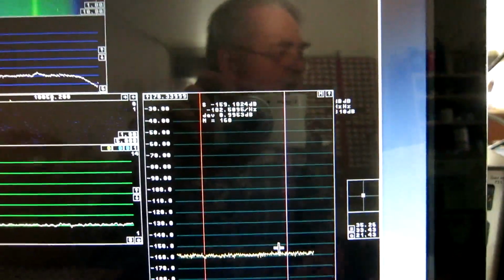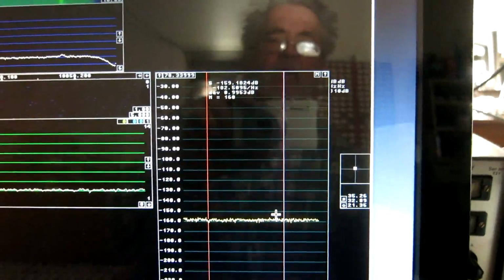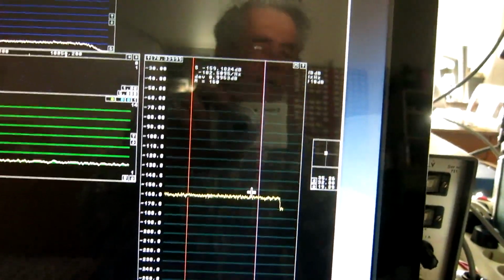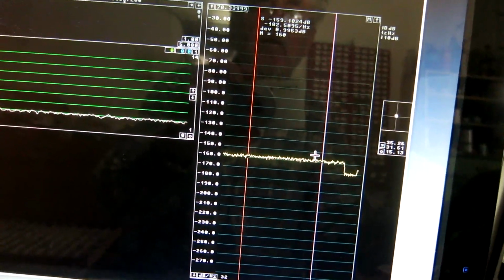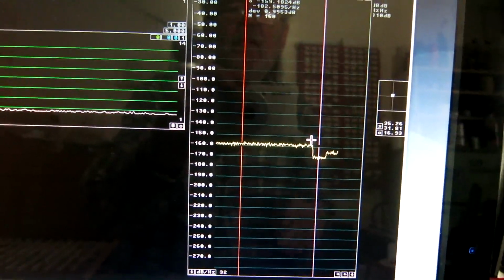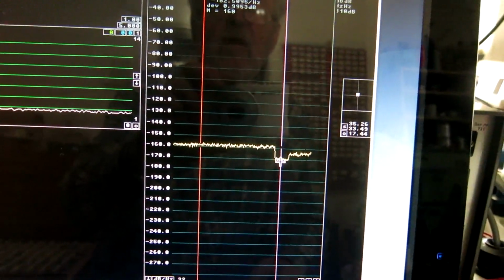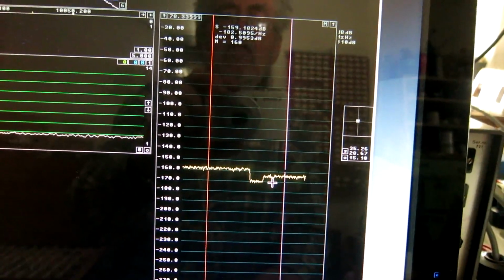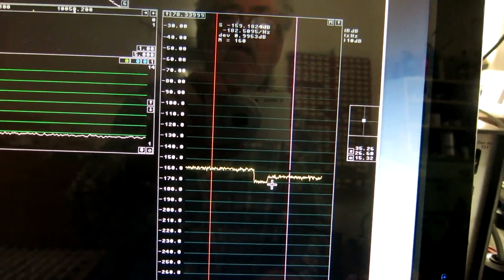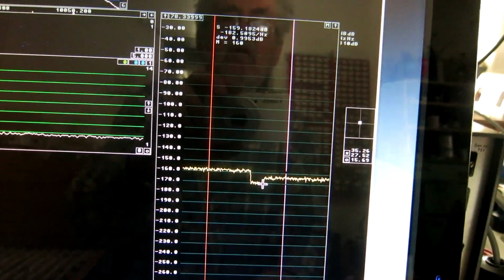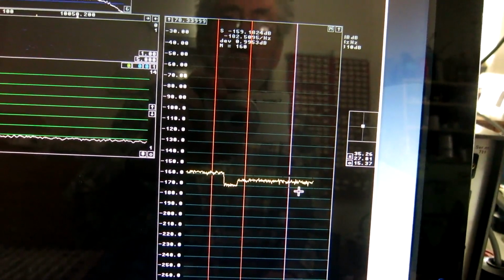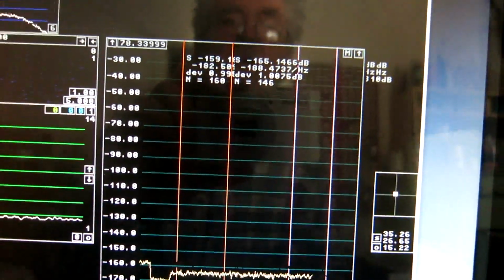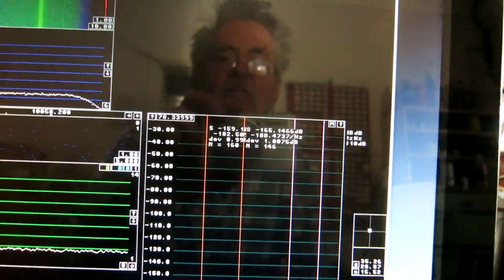I now disconnect the low noise amplifier and connect it to a dummy load, 50 ohms here. And you can see having it not connected gives a very low noise, but with a 50 ohm source impedance, I see a level here of minus 188.5.